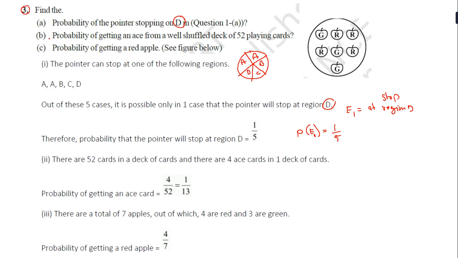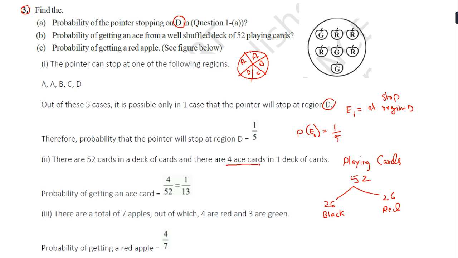Question number B. Probability of getting an ace from a well-shuffled deck of 52 cards. So playing cards, there are 52 cards for playing purpose. 26 cards we can say black cards and 26 we can say red cards.